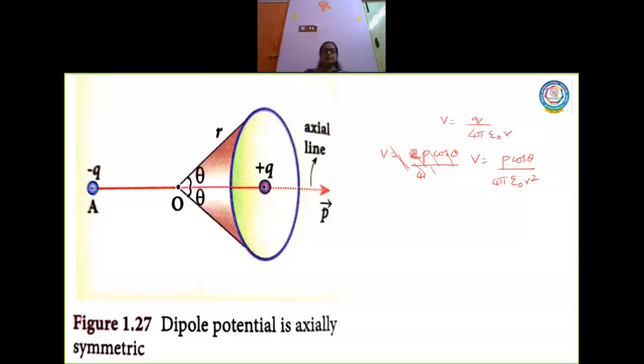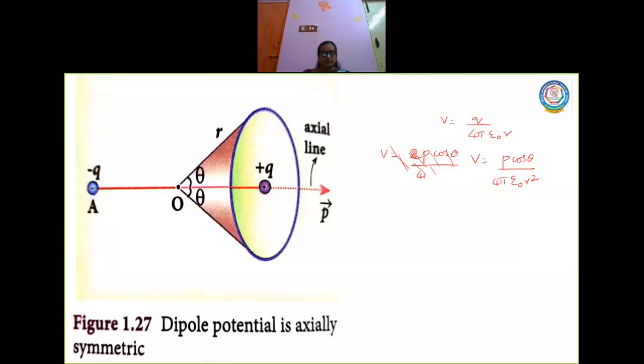And the second point, you see this diagram, children. Whenever we talk about a potential due to a point charge, it is spherically symmetric because it depends on the distance. But the potential due to a dipole is not spherically symmetric because it depends on the angle between p vector and the position vector, right?